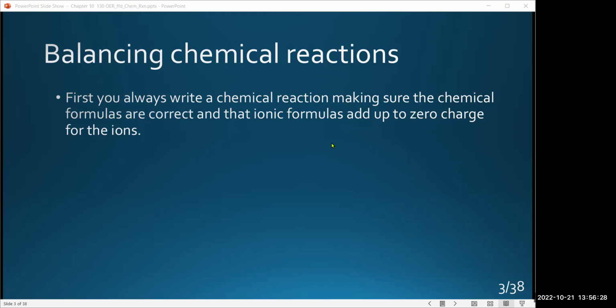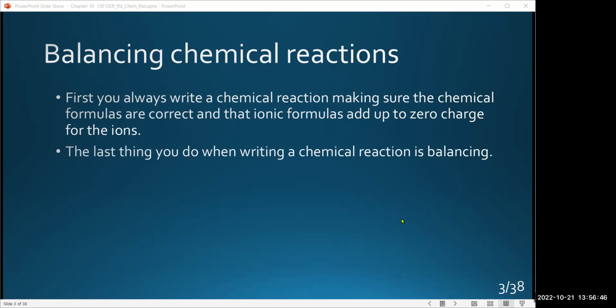Now, with respect to the ionic compounds, we first write them out as ions, so that we can put them together in the right ratio. And that gives us the formula, okay? So it's a continuation of what we've been doing so far.